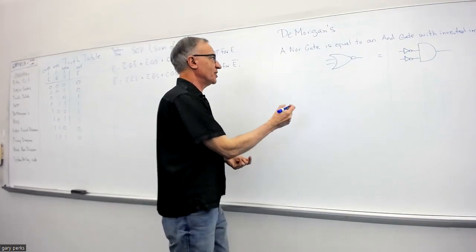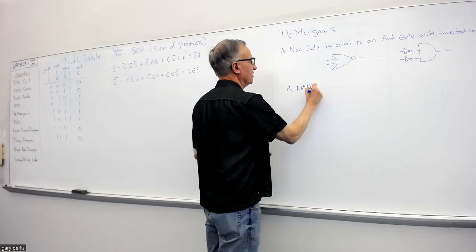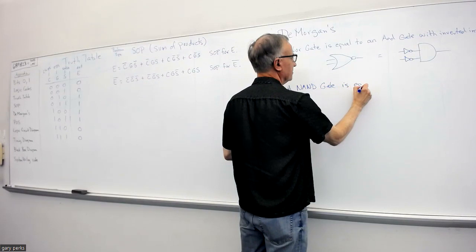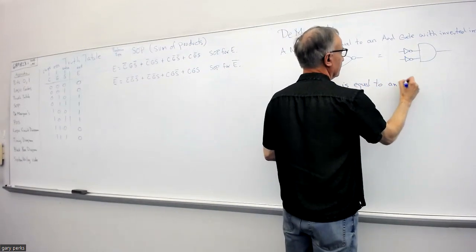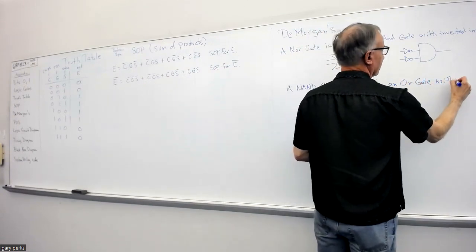The other part to De Morgan's is that an AND gate is equal to an OR gate with inverted inputs.